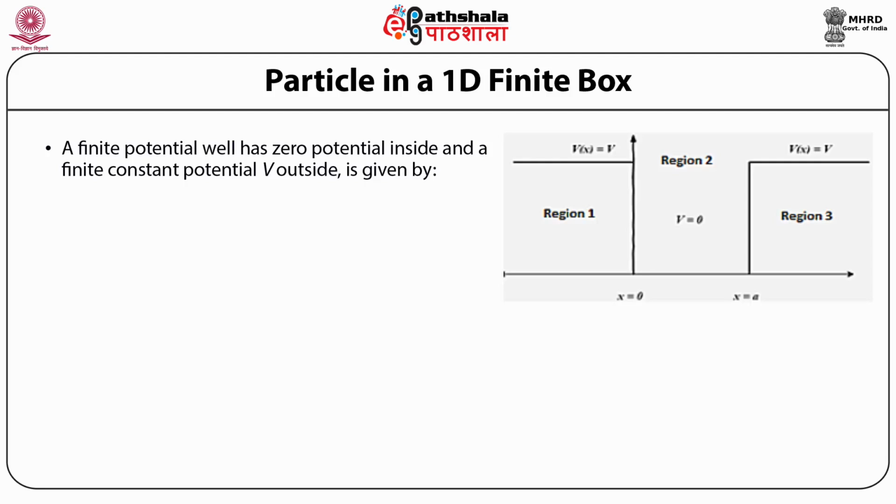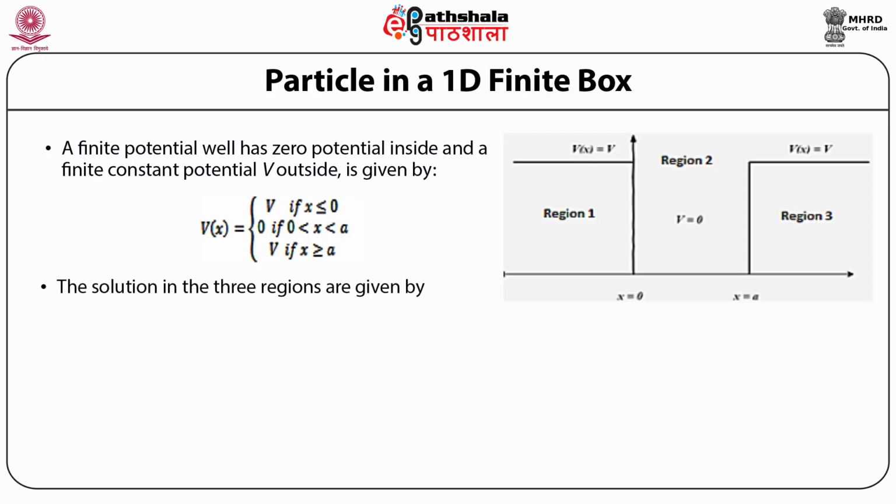So the potential is given by V(x) equal to V if x is less than or equal to 0. You can see in this figure, this is shown by region 1. Now V(x) is equal to 0 if x varies from 0 to a. This is depicted by region 2. Now region 3 is V(x) equal to V if x is greater than or equal to a.